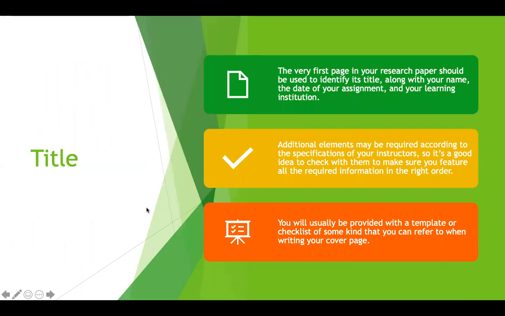So, the title. This is the very first thing you notice as a reader of any scientific contribution. The title tells you whether the document is relevant to you or not.